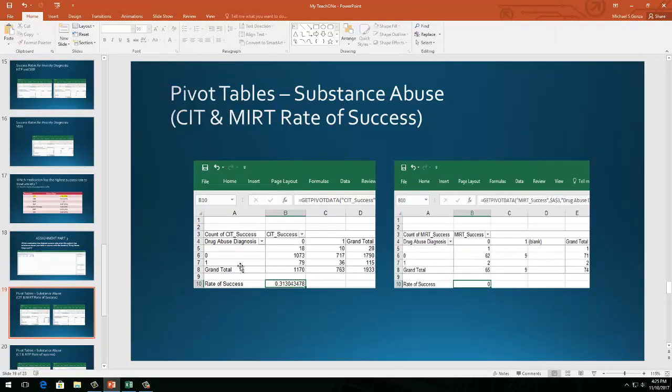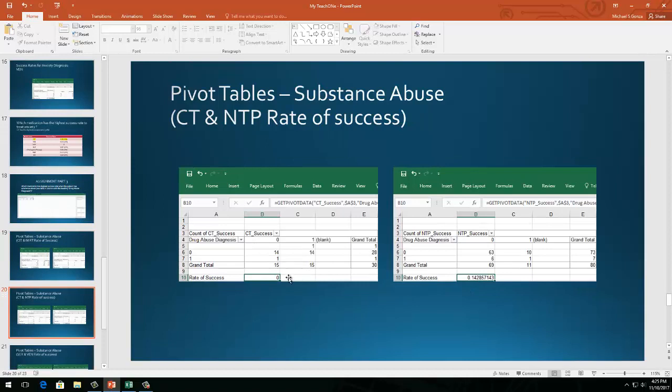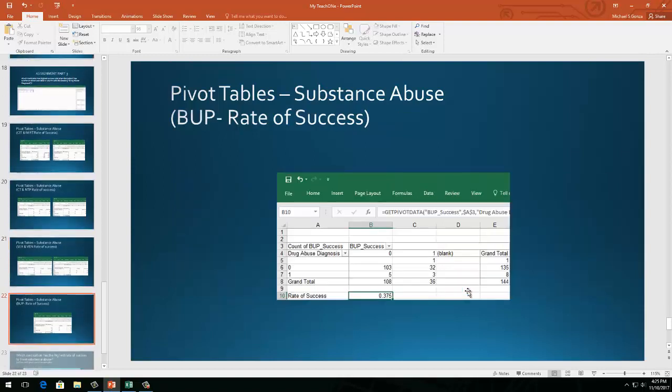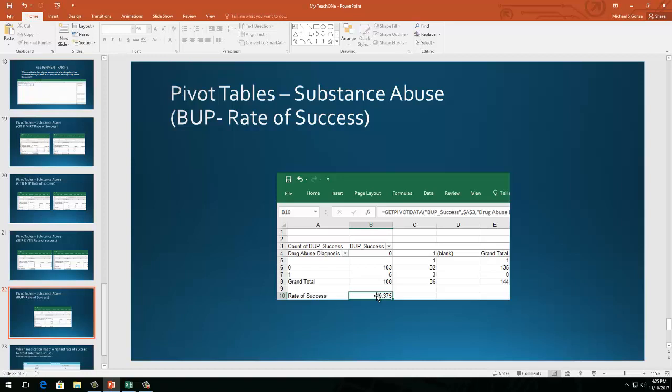And I went ahead and did it in advance for CIT, which is the same number, 0.313043478. MIRT is 0, the rate of success. For CT it is 0, and for NTP it is 0.142857143. SER is 0.22222, and VEN is 0.142857143. And last is BUP, which is 0.375.